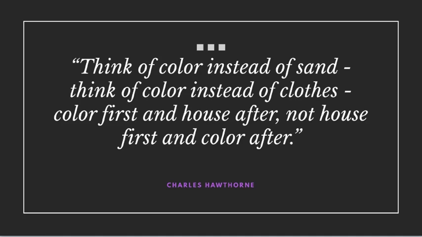So just like Hans Hofmann, Hawthorne is advocating that you paint the color masses that you see instead of the objects. So that's our major task for this module, is to begin to see those color masses and paint those instead of painting things.